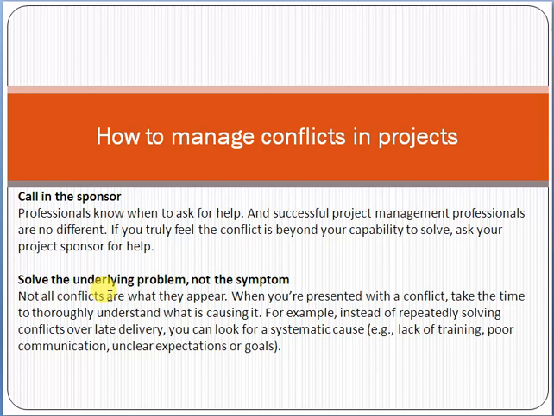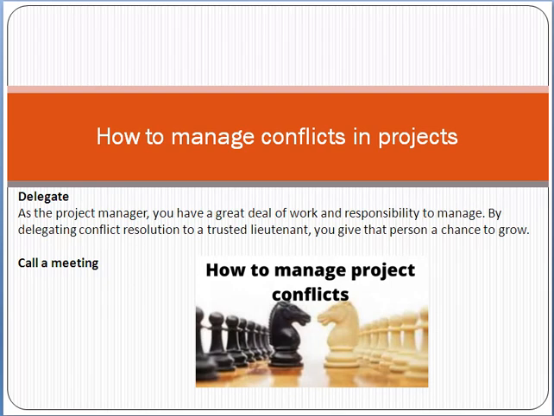Do not focus only on the symptoms, you have to focus on the root cause. For example, in that particular case, maybe the team does not have the right proper skills, they maybe need some training. After that training they can become more useful.